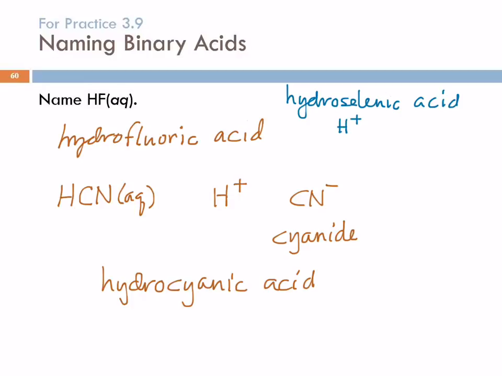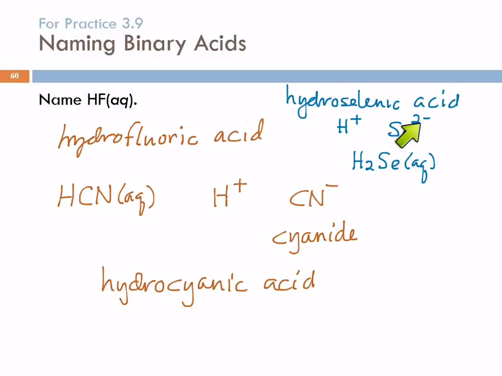The other element is selenium. What charge does selenium take as an ion? 2 minus. We need one more hydrogen, yes. So the formula for this is going to be H2Se, and then we really should put aq behind it, because it's an acid when it's dissolved in water.